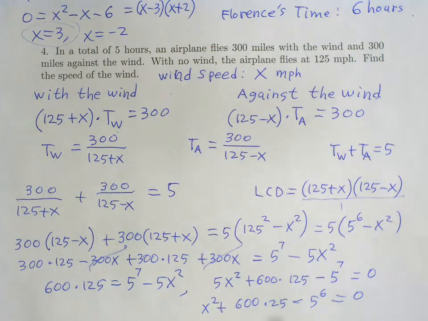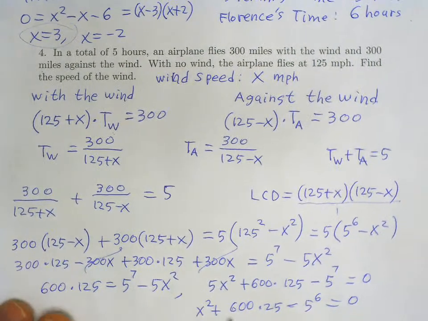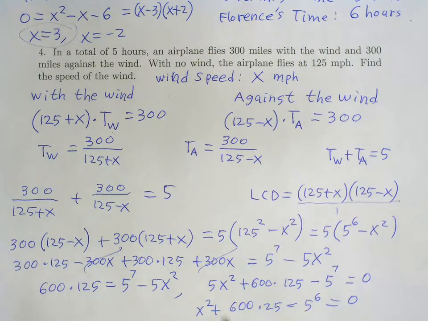Okay, so I'm going to leave the rest of this for you to do, because since the only term that has x in it is x squared, you can subtract 600 times 25 from both sides and add 5 to the sixth. And then you can use the square root property.